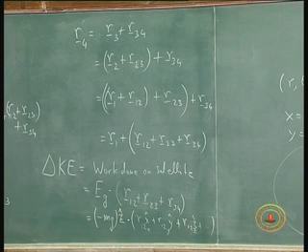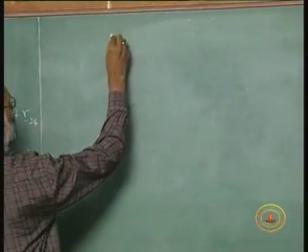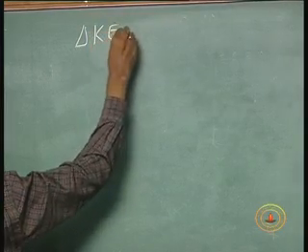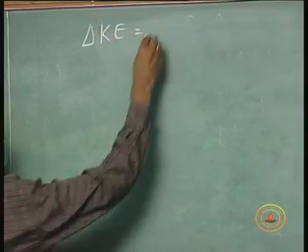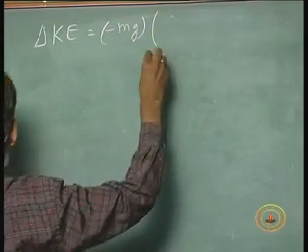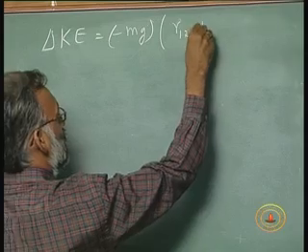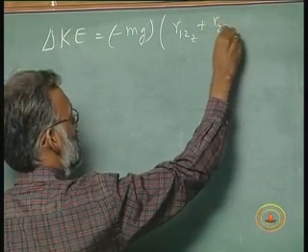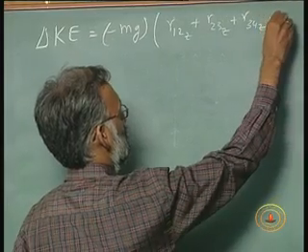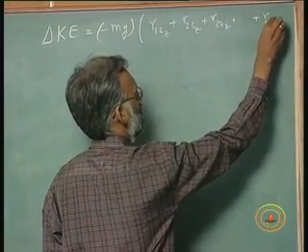So what I get is that the change in kinetic energy is equal to minus mg times r12z plus r23z plus r34z plus r(n minus 1)n along z.